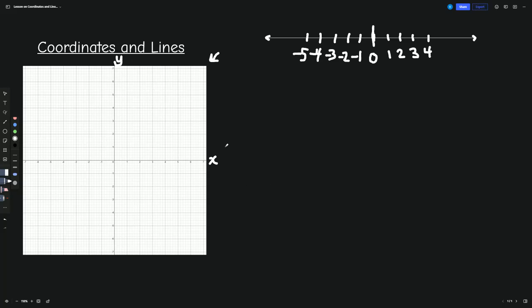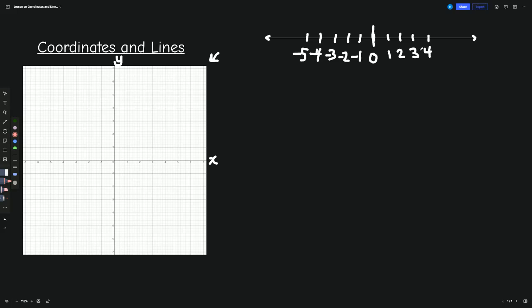It may be helpful to think about the x-axis as just left and right, and the y-axis as up and down, and you can think about that as like height, or how high up something is or how low it is.